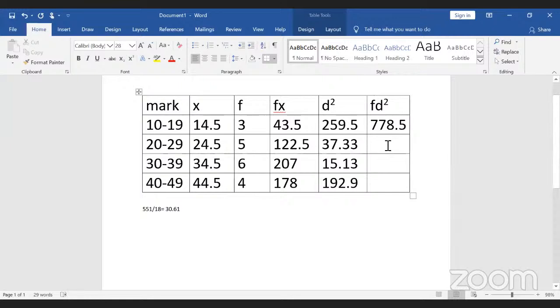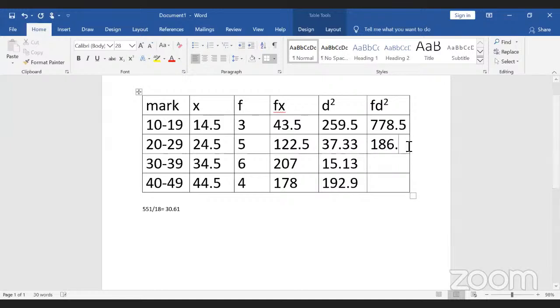Now again, we go for each row. The next row, the deviation squared was 37.33, and we had 5 students. That gives 186.7.